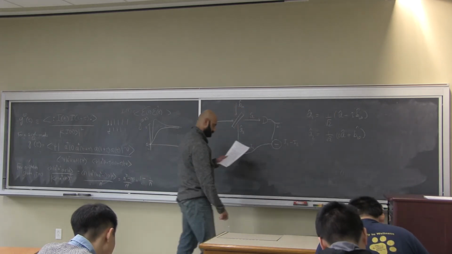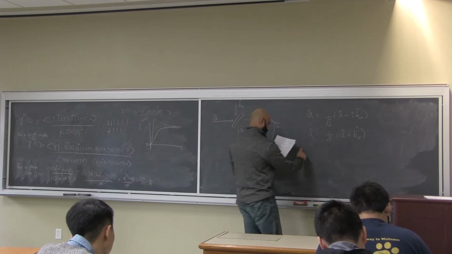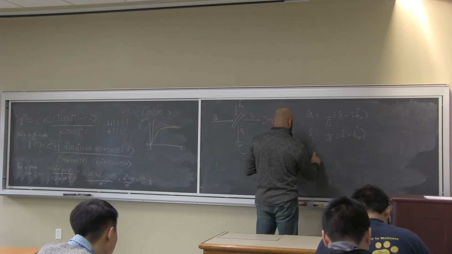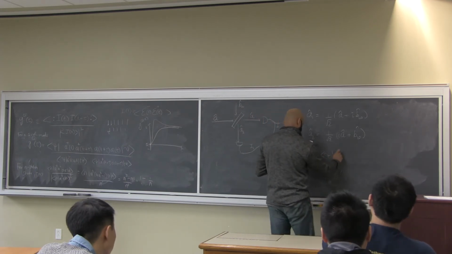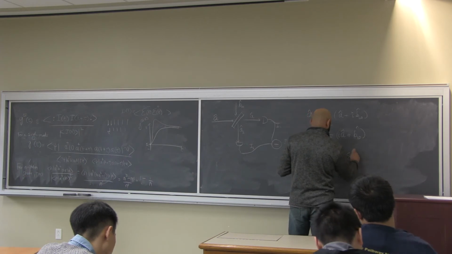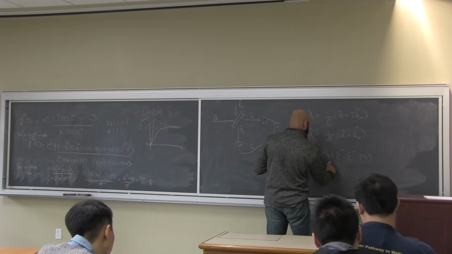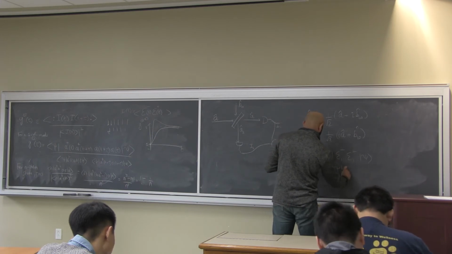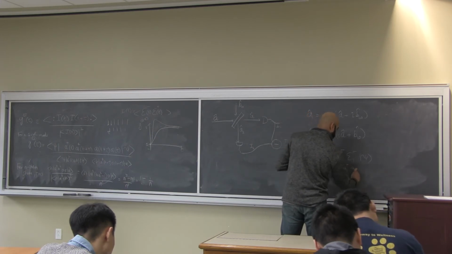So those are the two components, and the detected photocurrent I1 is equal to the expectation in the state psi of the field E1 minus E1 plus, which is going to be proportional to psi A1 dagger A1.